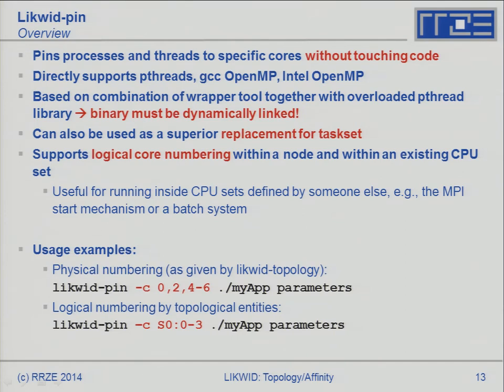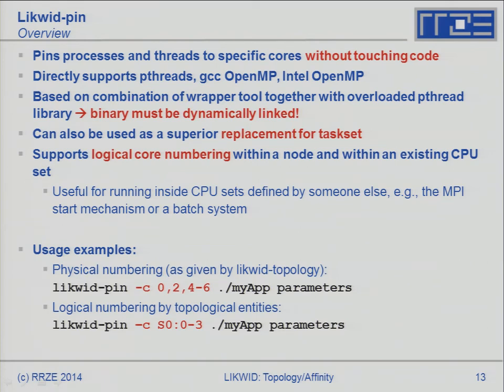If you don't want to remember where cores 0, 2, 4, 5, 6 are in the machine, you don't have to. All you have to remember is the topology. So how many threads are there per socket, how many caches, and so on. So you can do it like this. This is logical numbering. And this says, I have 4 threads. Please pin them to the first 4 physical cores on the left socket, socket 0.